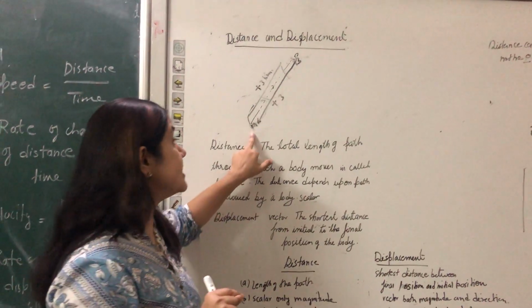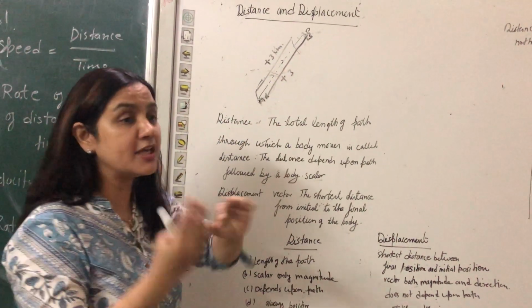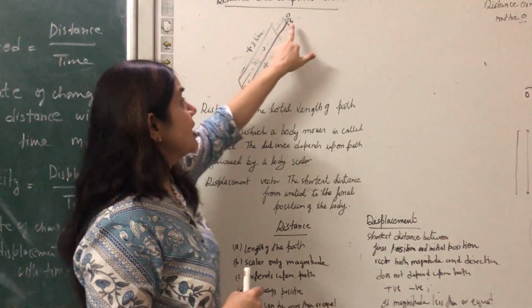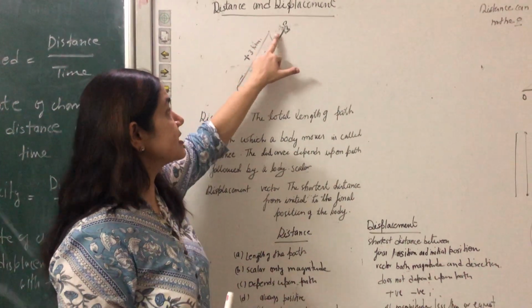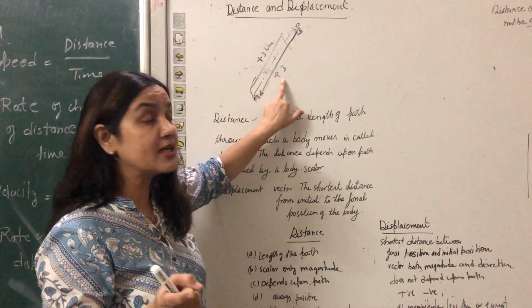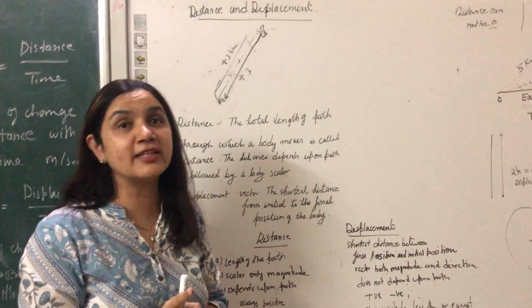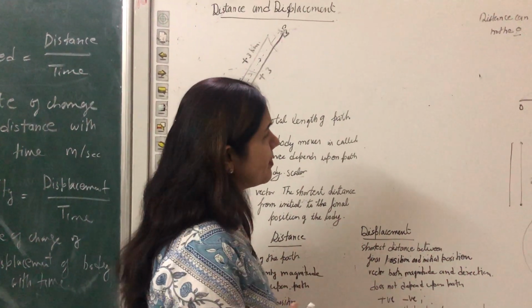That means the distance is always more than displacement, or it may be equal to displacement. For example, he goes from A to B and finally comes back from B to A. The distance is 3 plus 3, 6 kilometer, but displacement is 0. So distance is always more than displacement. So how will you solve the numericals?